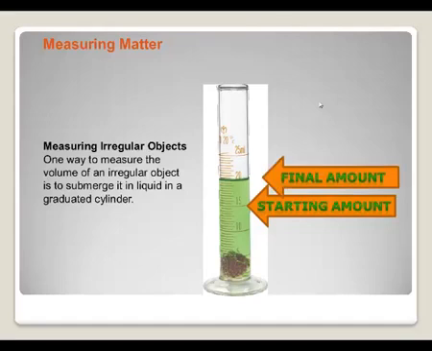And our ending amount is 20 milliliters. In order to find the volume of the raspberry, we would want to know the difference between the starting amount and the final amount. So if I went from 15 to 20, that's a change of 5 milliliters. That tells me the raspberry must be 5 milliliters in volume.